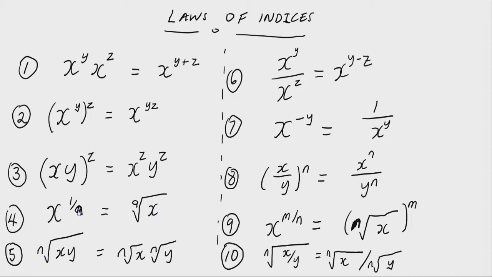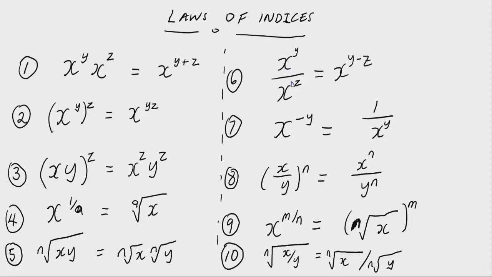If it's x raised to the 1 over 3, then you're going to be taking the cube root of x. And here, you're taking the nth root of x and y, and you have to be able to know that you can separate these two if you want to, or if you see them like this, you can rewrite it like this.